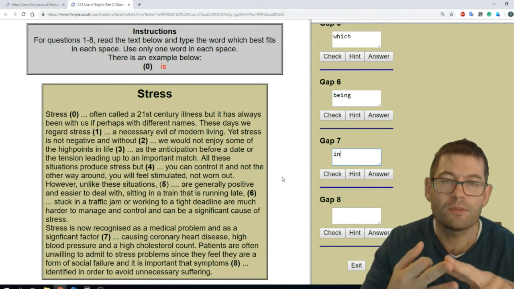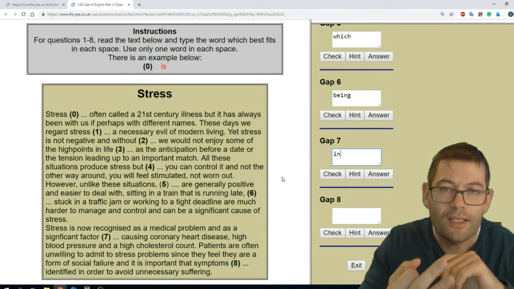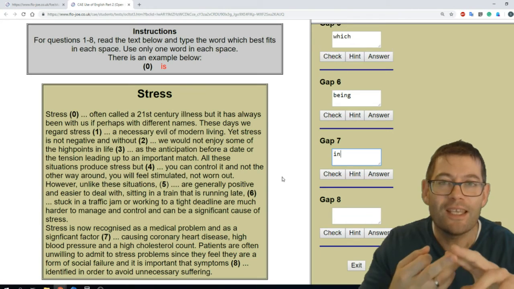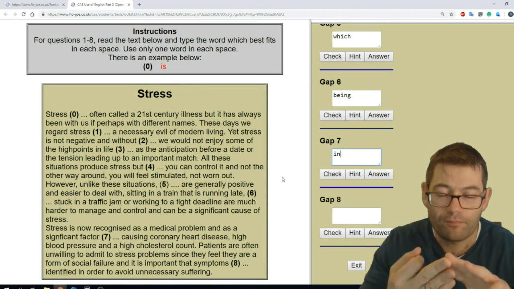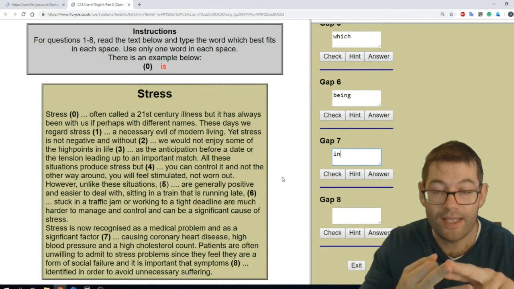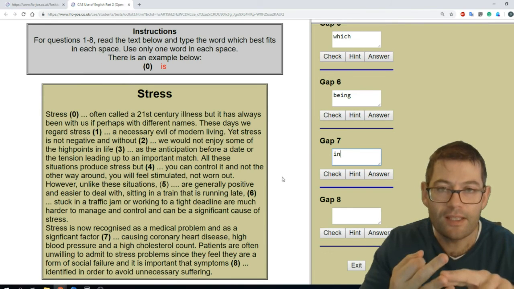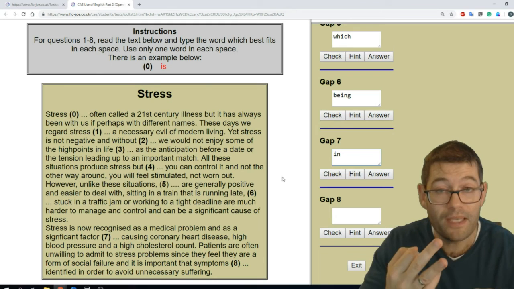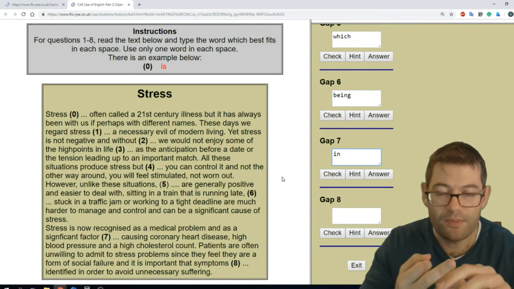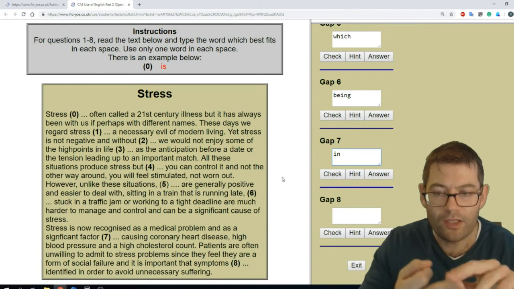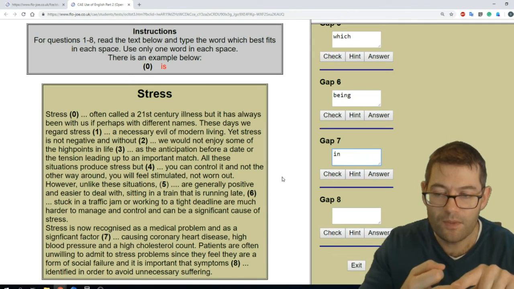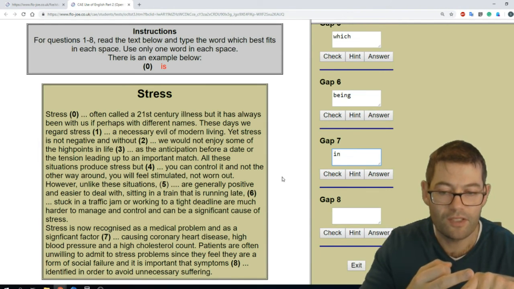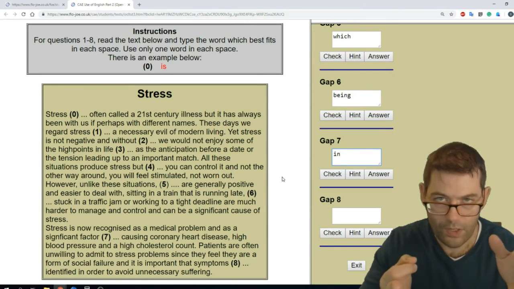Now, past participles are used in two language structures. I'm sure you'll remember. The first one is the perfect form. So I have identified. Or the second is the passive form, where we need a form of the verb be before the past participle. So let's have a look at those. It is important that symptoms have been identified in order to avoid unnecessary suffering. Doesn't work.